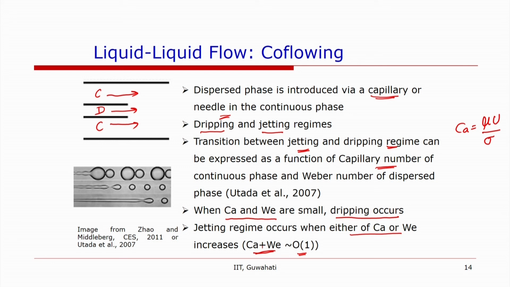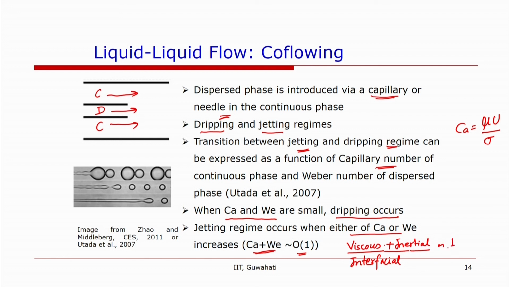They have given a criterion: when the capillary number plus the Weber number is of the order of 1, then one observes the jetting regime. The capillary number is the ratio of viscous effects to interfacial effects, and the Weber number is the ratio of inertial effects to interfacial effects.